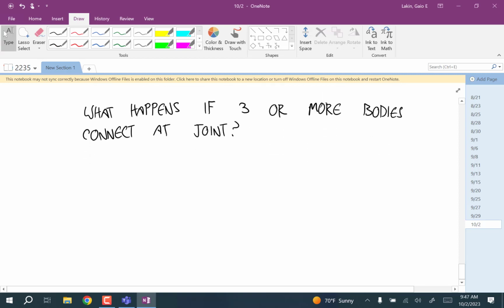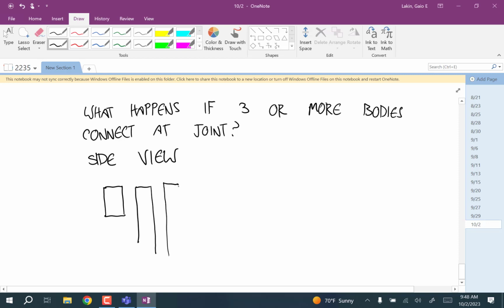But here's what I want you to notice. So if you have, let's say, we're looking at a side view, and this has a body like that, a body like that, and another body like that, and they're all connected by a pin.